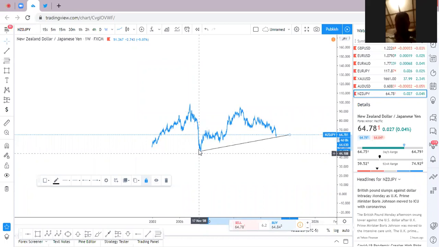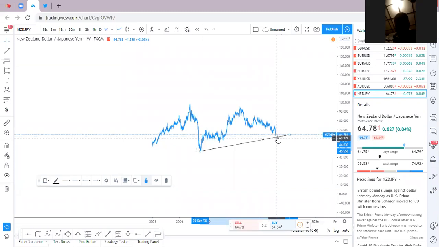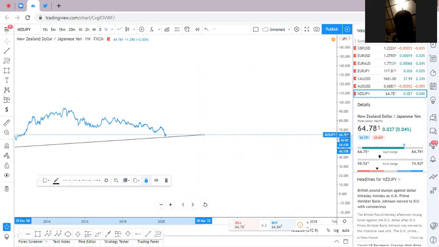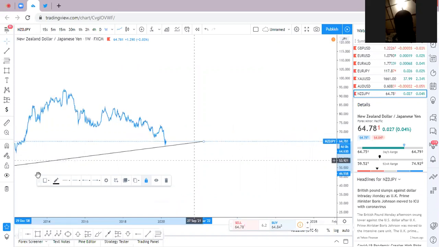Impulse, and we're having a correction phase here. First touch, second touch. So this second touch here, you can see it's rejecting, trying to shoot up.